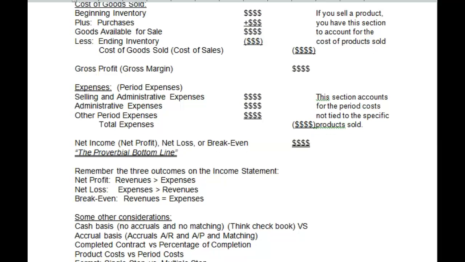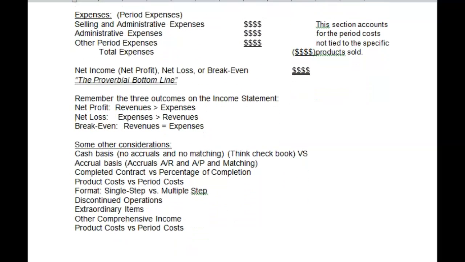Some other considerations that we will get into: your income statement can be as simple or as complicated as it needs to be. One of the things we need to look at is cash basis versus accrual basis. With the accrual basis of accounting, remember the matching principle. We're trying to match income and expenses to get the best possible net income figure for those who are looking at our financial statements.